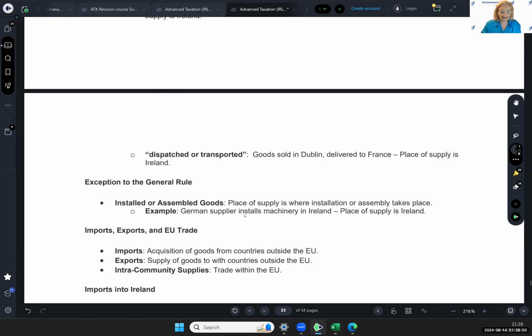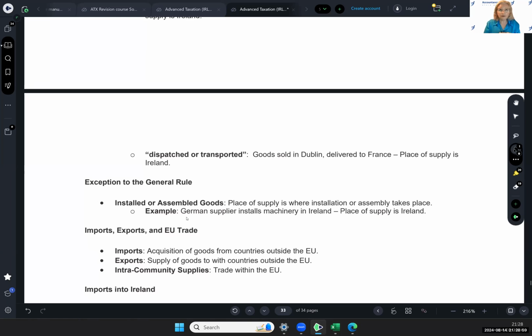There are some exceptions. Now, there'll be more exceptions that we'll add on top of this. So that's why I just want to go back over the general rules. One of the exceptions to the general rule is that where goods are installed or assembled, the place of supply is where the installation or assembly takes place. An example we've got here is a German supplier installs machinery in Ireland.